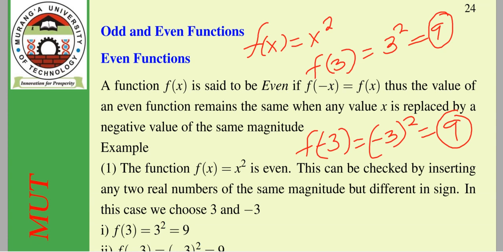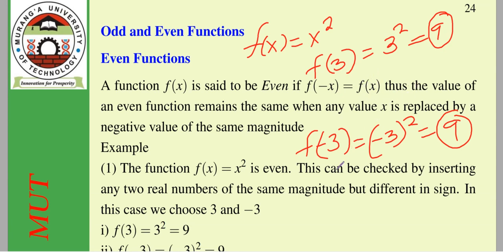Now, when the function behaves this way, then we shall say that the function is even. That the function evaluated at negative x is the same as the function evaluated at x for all values of x.